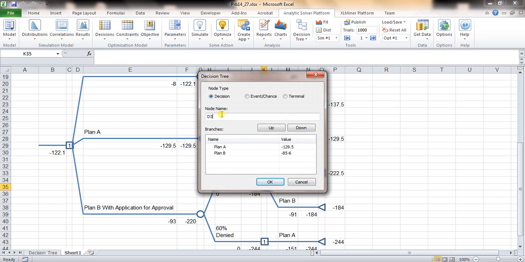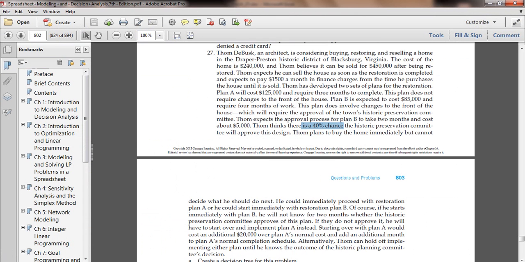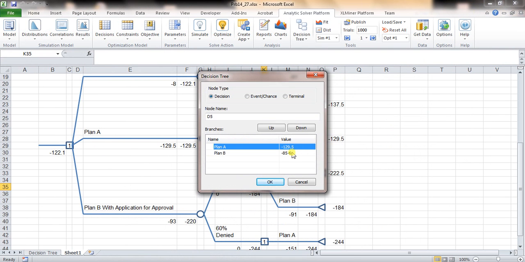If we go with plan B, we have already spent 2 months working on it, so how many other more months we need to spend? Another 2 months, so another 2 months cost would be 3,000, so that should be minus 3. And if we go for plan A, again we need to pay 151,000, so that is minus 151.